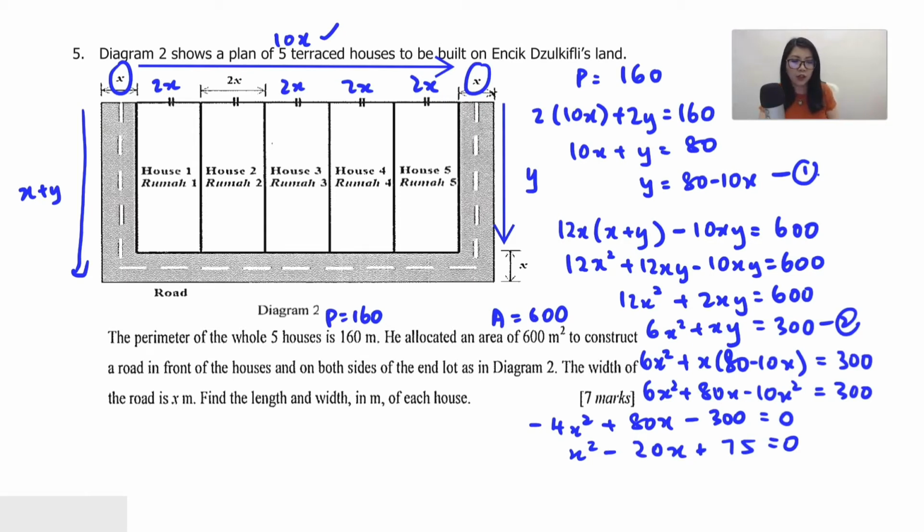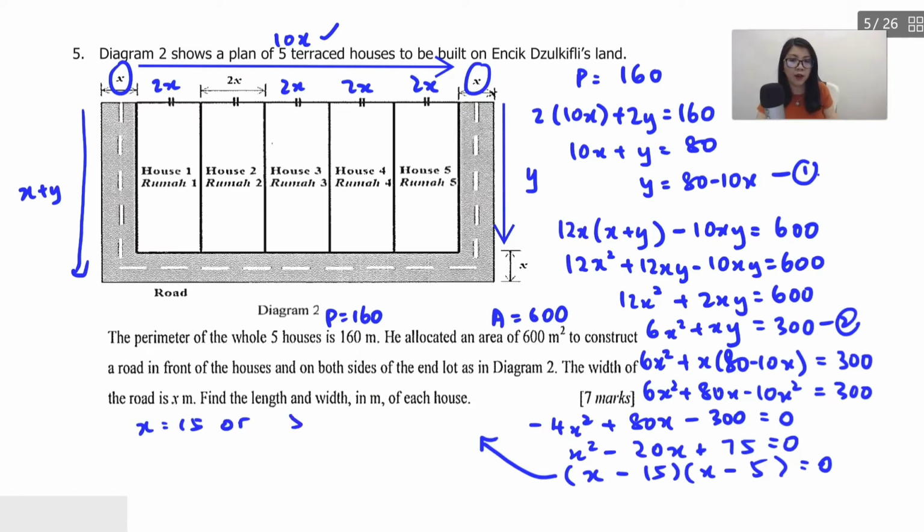We get x and x equals 0. We have 15 and 5, because 75 is 15 times 5, and both minus. So if x minus 15 equals 0, x is 15, or x equals 5.